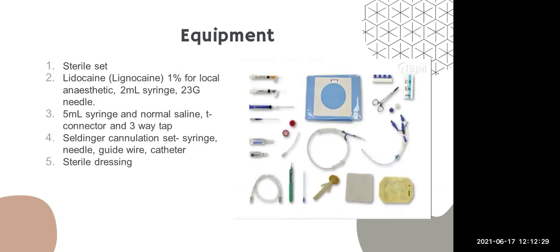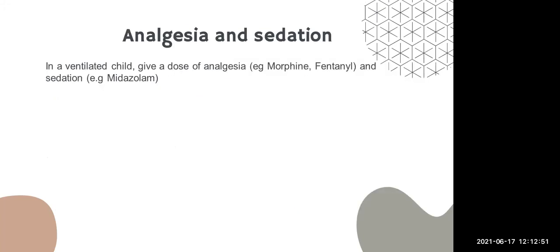This is the list of equipment needed: sterile set, lidocaine 1% for local anesthetic, 5 milliliter syringe and normal saline, T-connector and 3-way tap, Seldinger cannulation set, which includes syringe, needle, guide wire and catheter, and also sterile dressing.